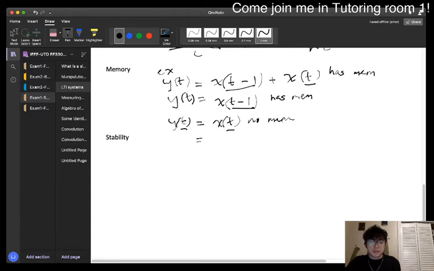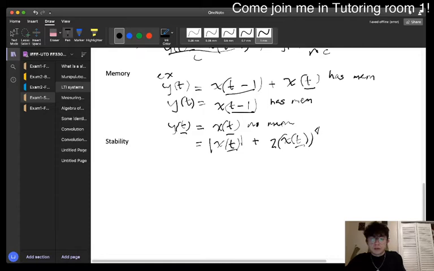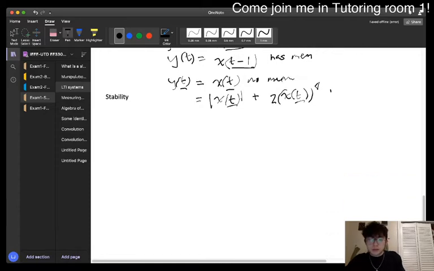This is another example of a system that has no memory. It's memoryless. Yeah, so the absolute value of it, or if we added 2x of t to the 8th power or whatever, as long as we have the same time variable in each, then it has no memory. It's memoryless.